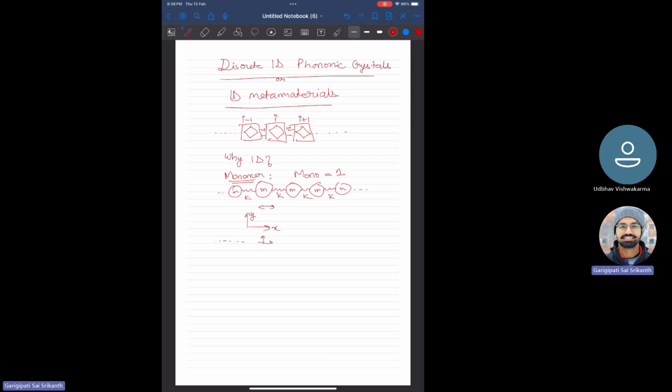So if the particles can move in both x and y, then it may be a 1D chain, but it's not a 1D phononic crystal. So that is essential to understand. The one dimension here is also referring to the degrees of freedom inside a unit cell. So what would be the unit cell here?